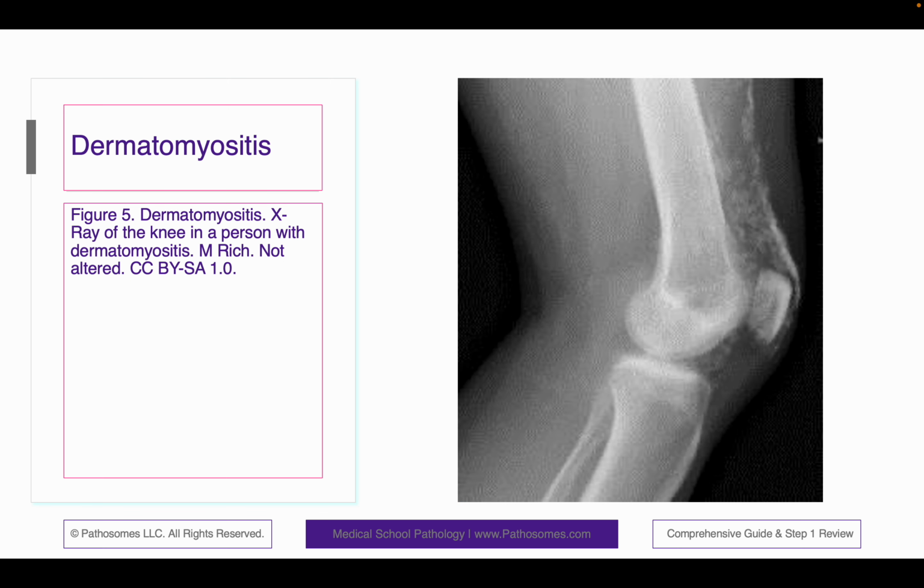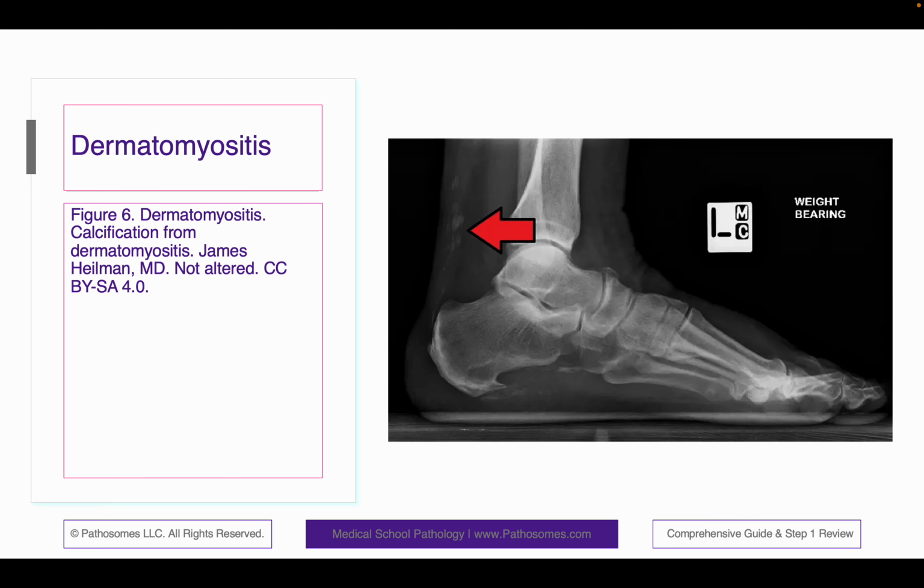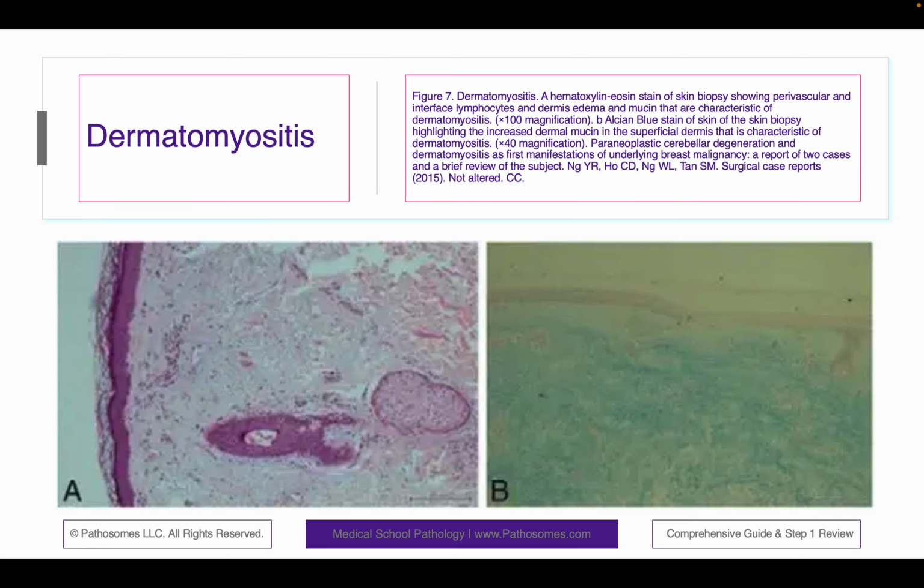Now, dermatomyositis. Here we have an x-ray of the knee in a person with dermatomyositis. And we can see the calcification associated with dermatomyositis, the Achilles tendon.